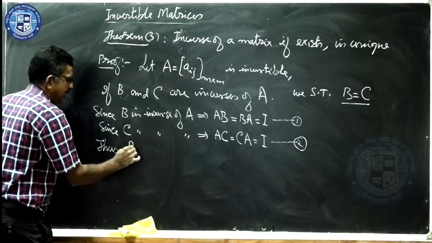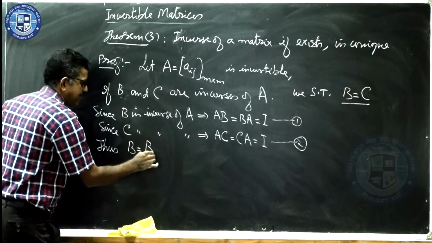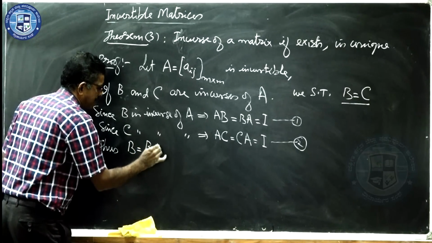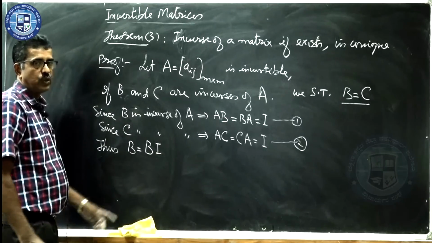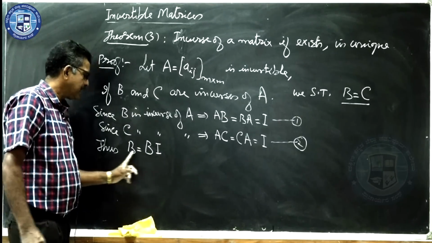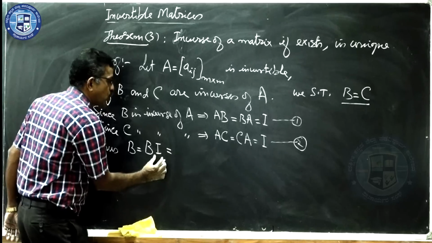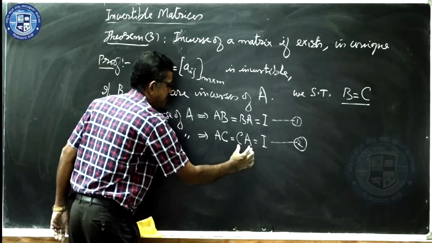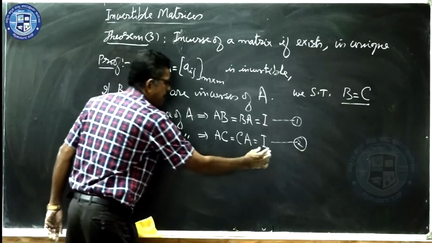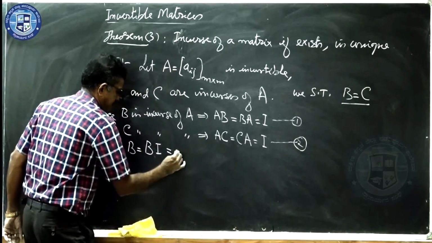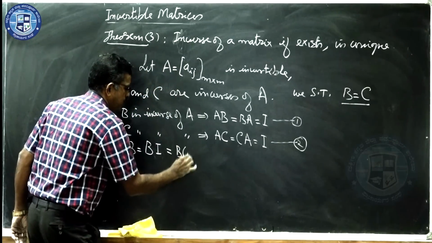Thus, B is equal to, all of you know that a matrix B can be written as B into the identity matrix. No doubt about this. B into I is equal to B. Now we expect this I to be replaced from equation 2. I'll replace this I by AC. I'll write B into AC.